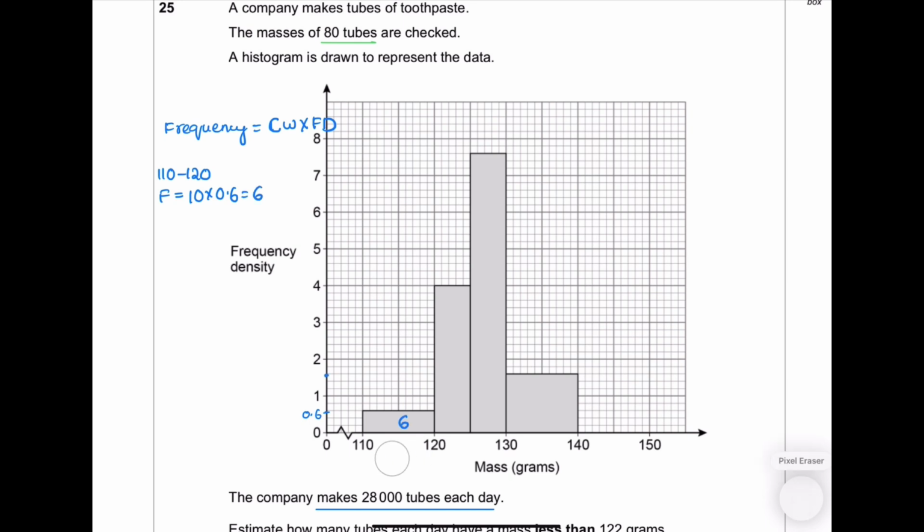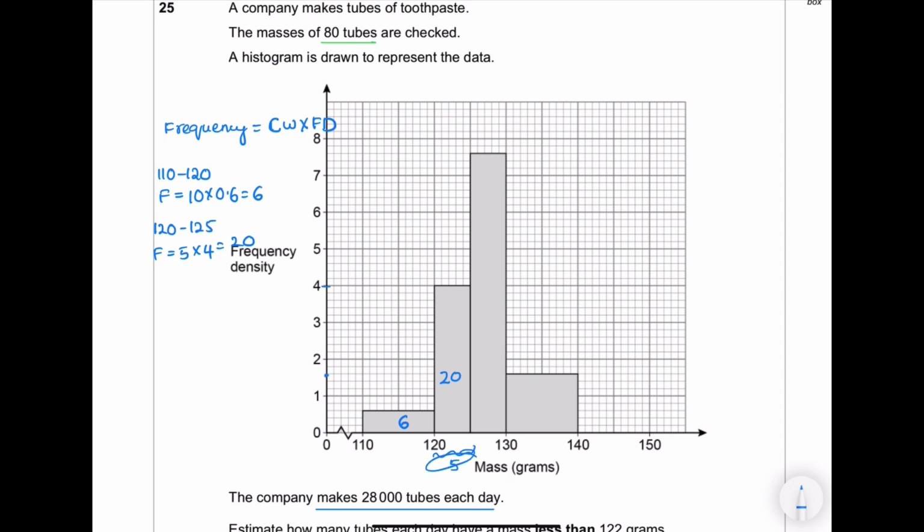In the second bar the class width is just 5, between 120 and 125, and the frequency density is 4, so in that interval the frequency is 20.